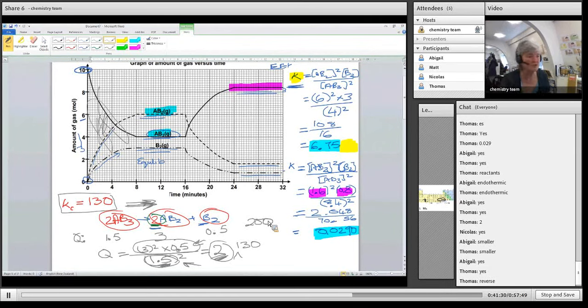It'll get more towards the reverse because 200 is bigger than 130. So I want to make this whole thing smaller, which means I have to make the denominator bigger and the numerator smaller to try and get 200 down to 130. So the only way I can do that is by having less of this and more of that. So I'm going to have the reverse reaction happening.